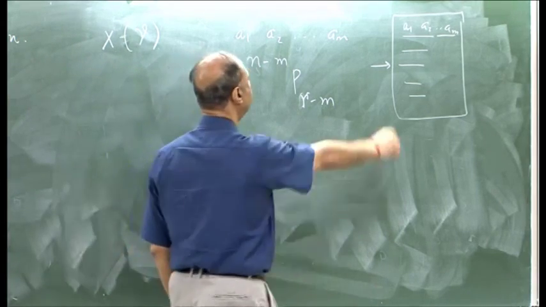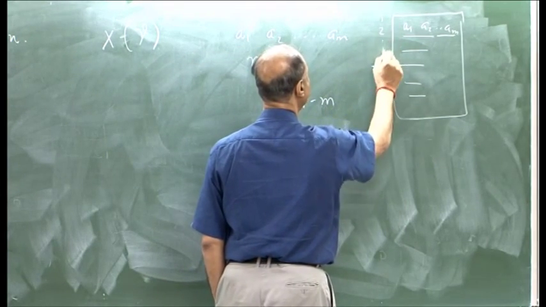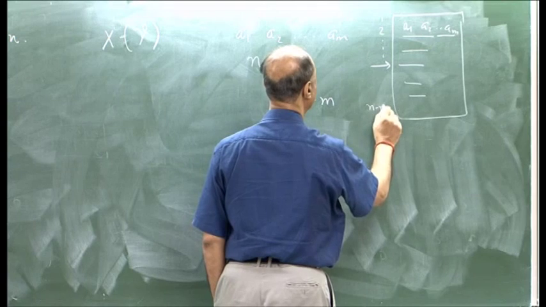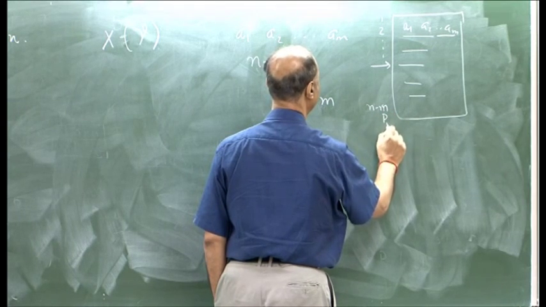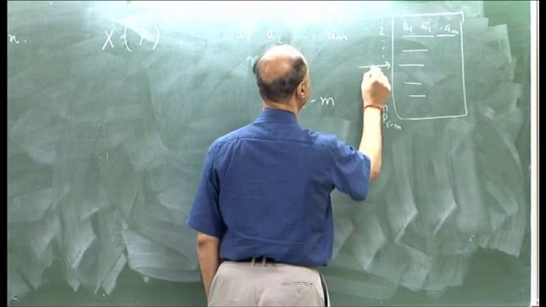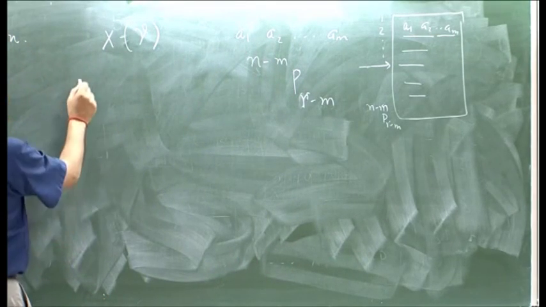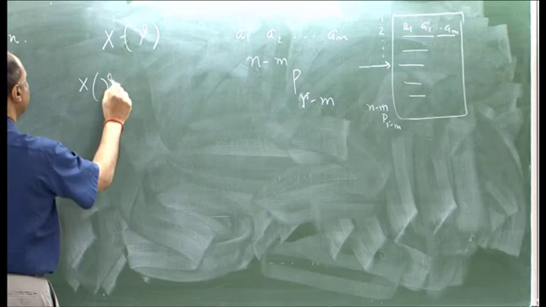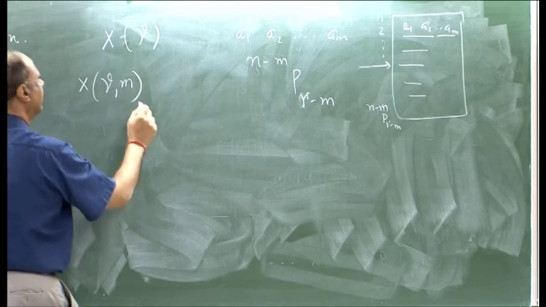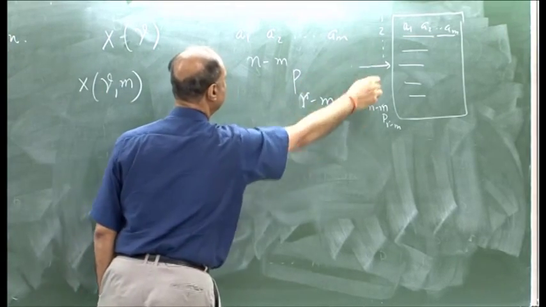Let us rank them 1, 2, 3 up to n minus m P r minus m, and x gamma is lying here. Let us assume that x gamma m is the position from the top.